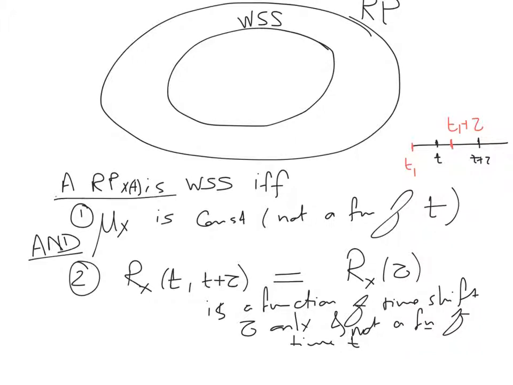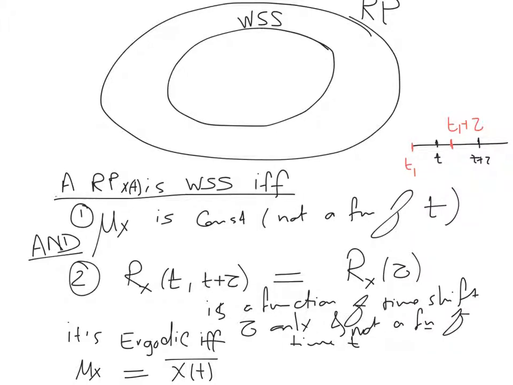It is wide sense stationary if these conditions hold, and it is ergodic if mu x equals the time average of x of t, where mu x is the statistical average equal to the time average of the random process, and Rx of tau is equal to the time average of x of t times x of t plus tau, with the conjugation going here, just to be more accurate.